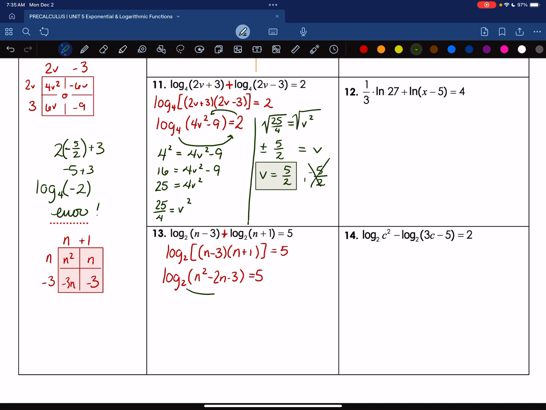Okay, now we're ready to convert to exponential form. That's 2 to the 5th power equals that. And now let's go ahead and simplify and solve. What do we get here? 2 to the 5th power is actually 32.